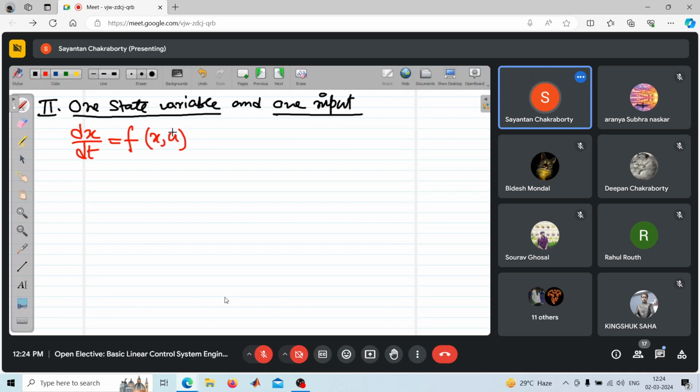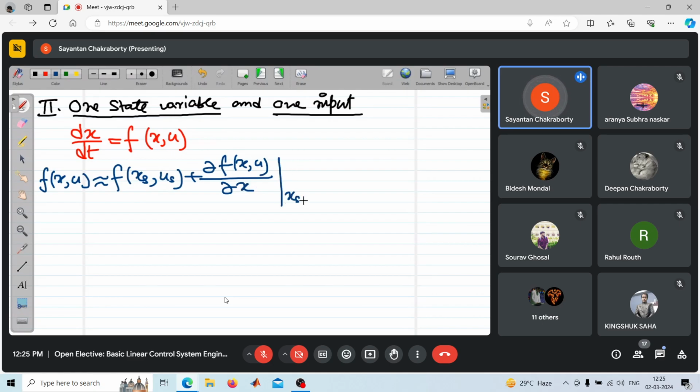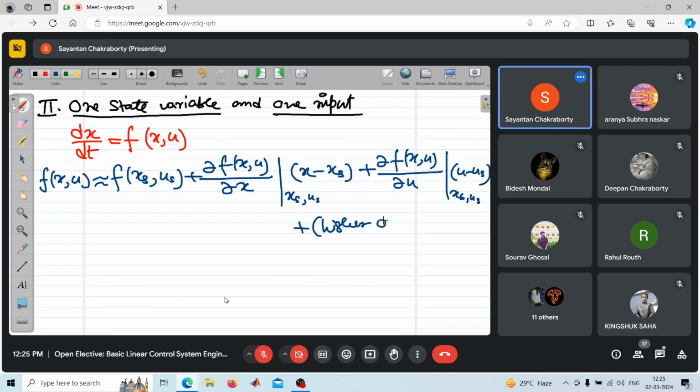Then, following the same method, the Taylor series expansion can be written as f of (x,u) is equal to f of (xs, us), where this is the nominal steady state value, plus del f del x calculated at (xs, us) times (x minus xs), plus del f del u calculated at (xs, us) times (u minus us), plus all the higher order terms.